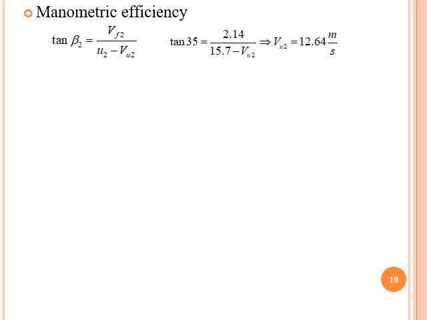Here the blade angle is given as 35 degree, the velocity of the flow is 2.14 and the U2 value is 15.7. Simplifying this, we get the Vu2 value as 12.64 meter per second.